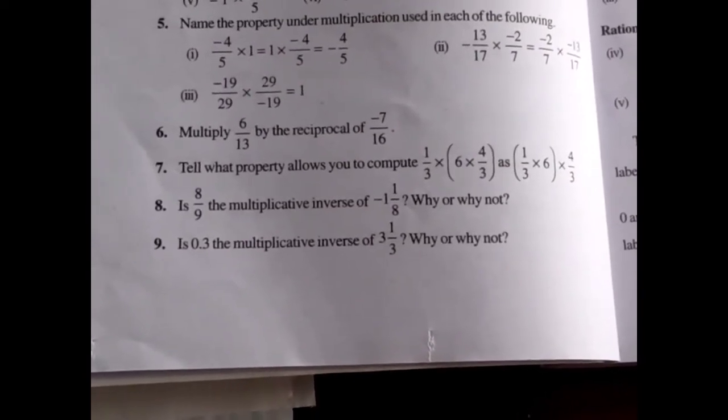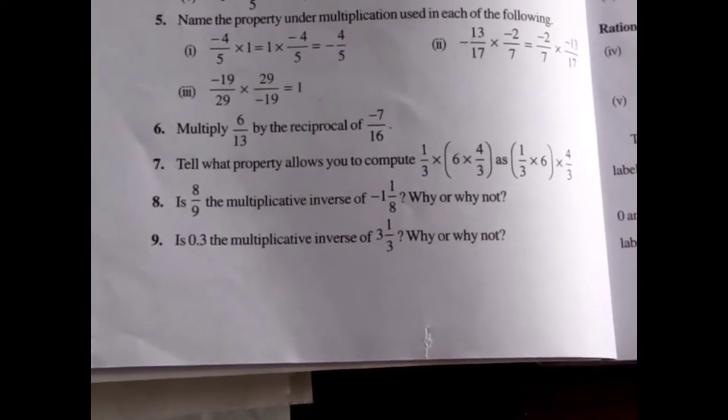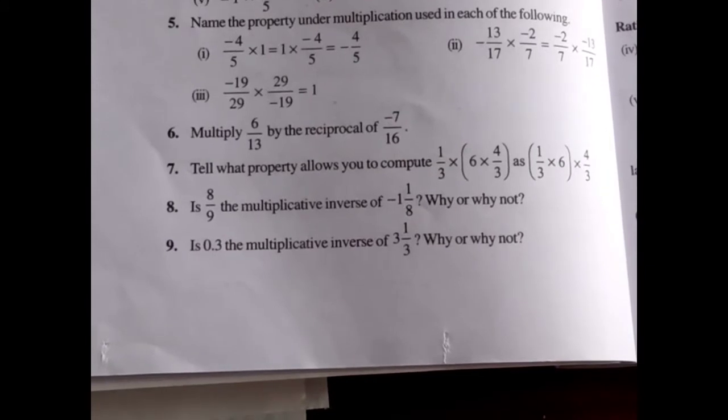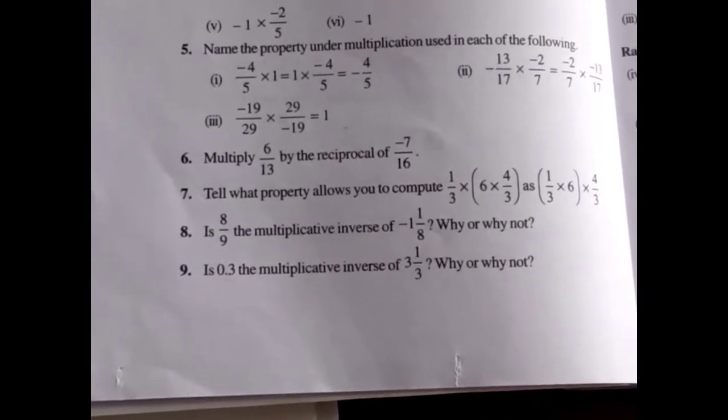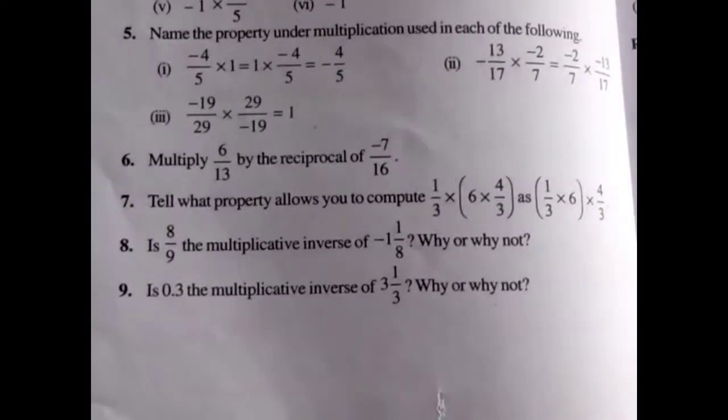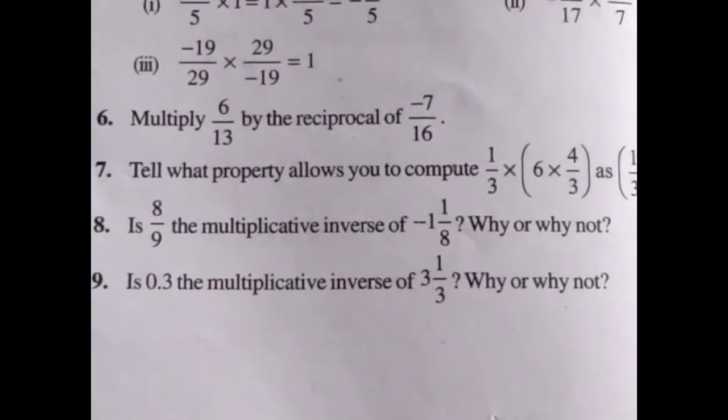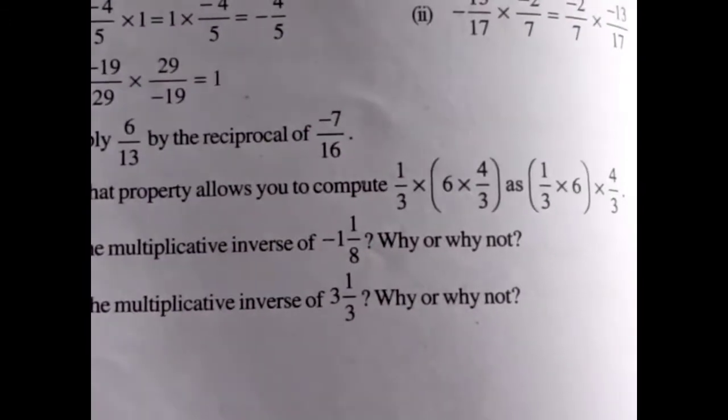In the first, 6 multiply 4 upon 3 is in bracket, and in the second, 1 upon 3 and 6 is in bracket, and between them is the sign of multiplication. So which property is used over here? Associative property, right?